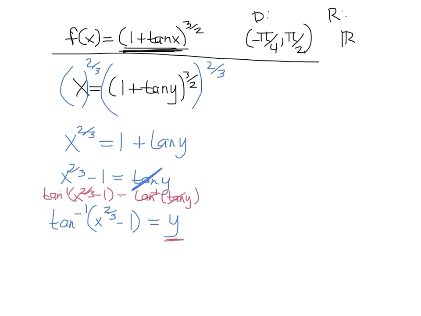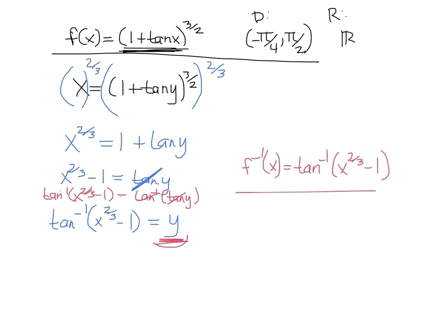So that's where I get the y equals. Now, that's my inverse. I've resolved for y. So now I can denote it. It's going to be f inverse of x is equal to inverse tangent of x to the 2/3 minus 1. And there's my inverse function.